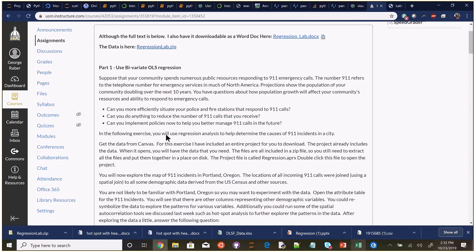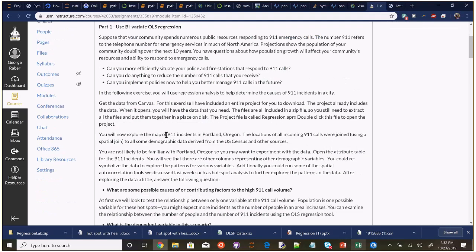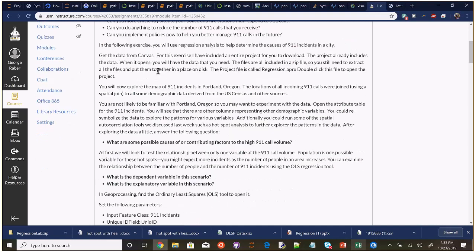So maybe we could use the information to decide where to situate police and fire stations. Maybe we could use it to reduce the number of 911 calls. Maybe we could use it to implement policies on how to manage 911 calls in the future. But we're going to use regression to help us to determine the causes of 911 calls in the city.